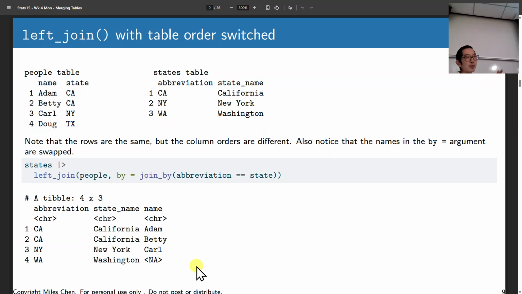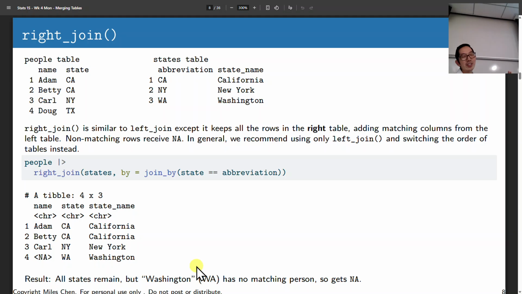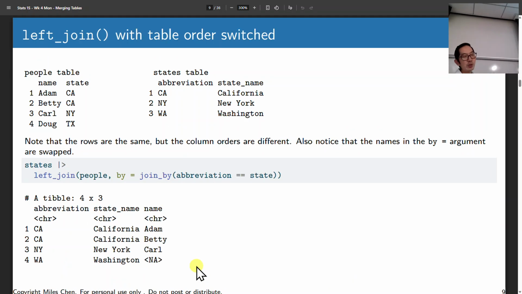But if for whatever reason you wanted to get the same rows, but keep the order of name, state, state name. Over here you'll notice it's abbreviation, state name because we're using the states table as a base.